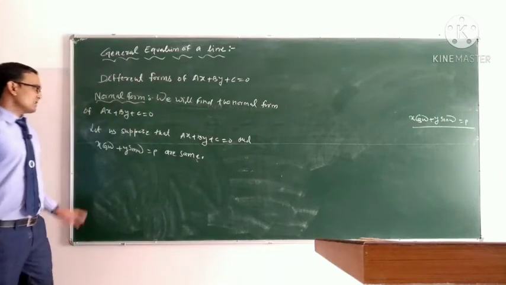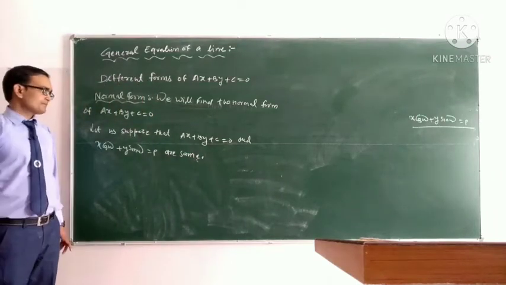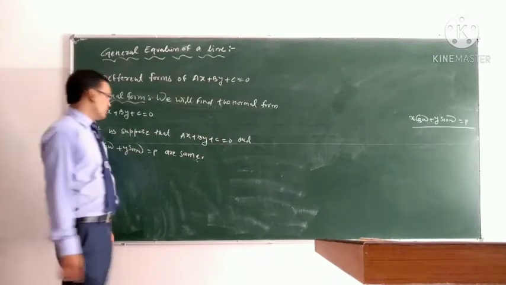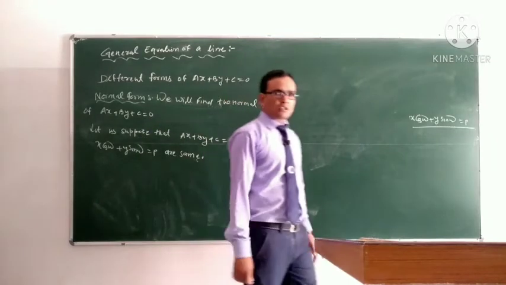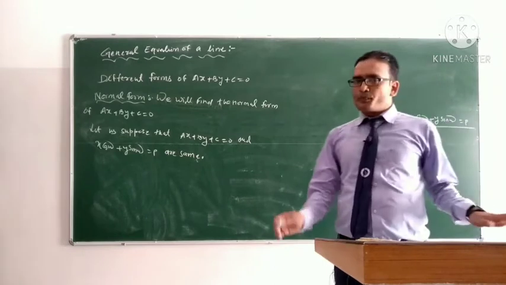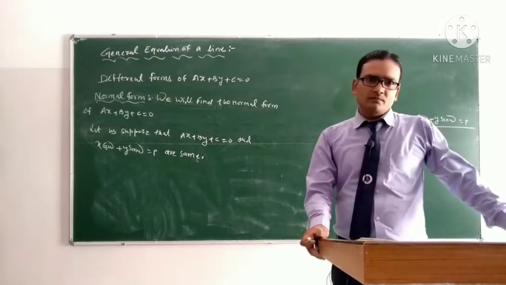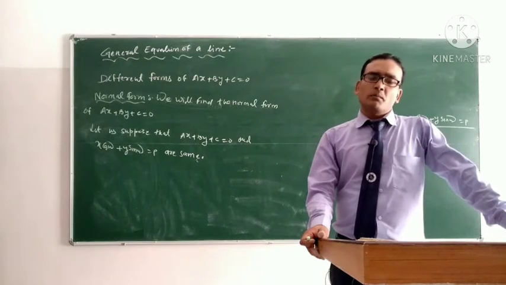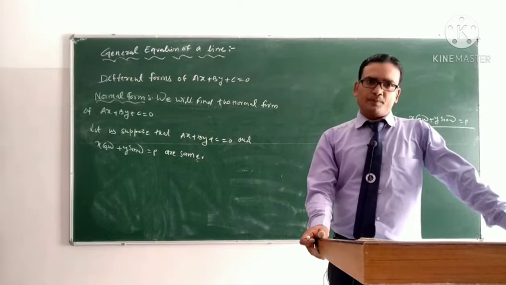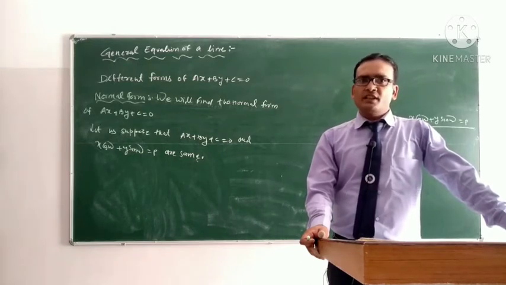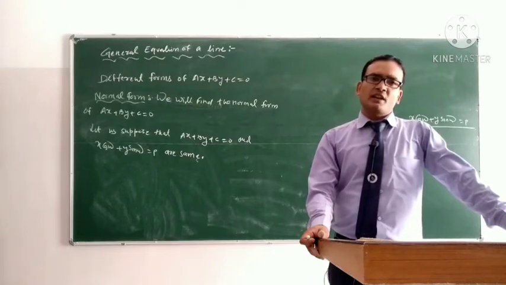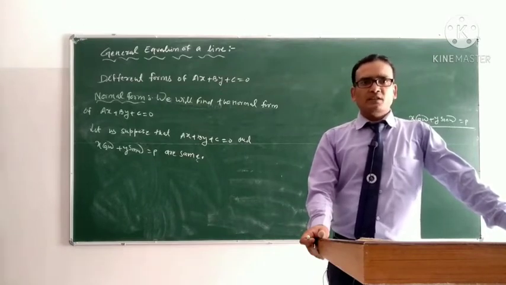Okay students, here we suppose that ax plus by plus c equal to 0 and x cos omega plus y sin omega is equal to p are the same. Then we find the values of cos omega, sin omega and p, and substitute them in x cos omega plus y sin omega is equal to p.